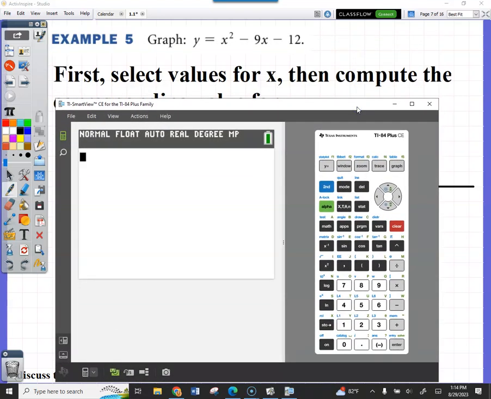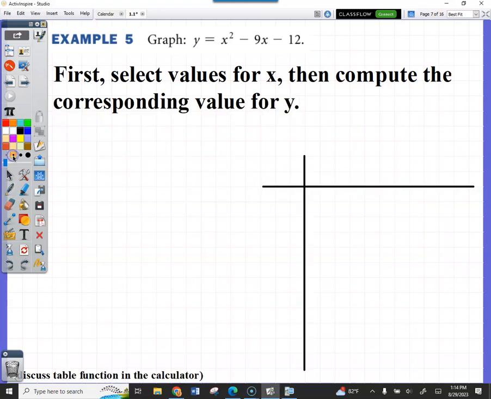We are graphing y equals x squared minus 9x minus 12. Okay, so we've been talking about linear equations. Now let's look at quadratic.